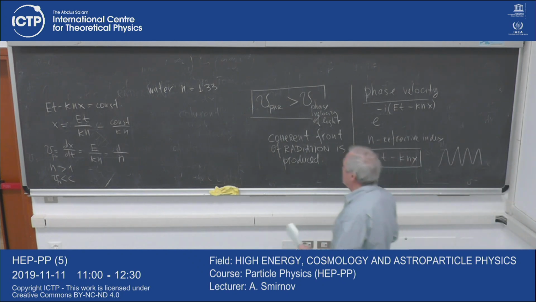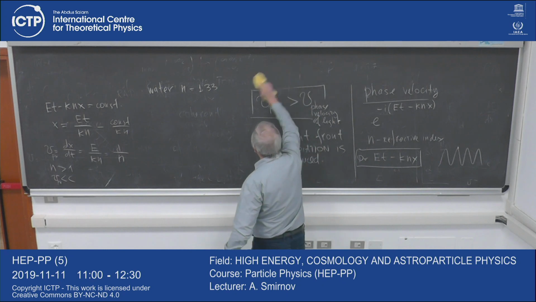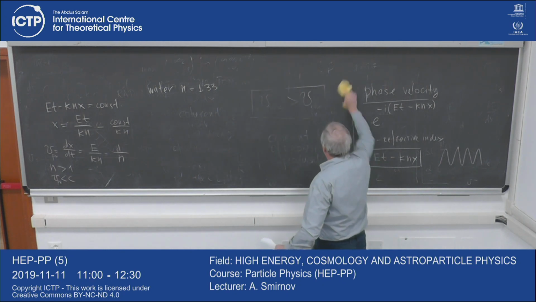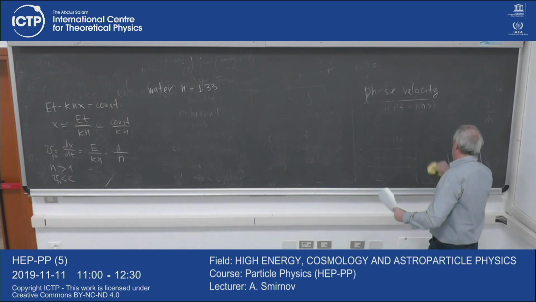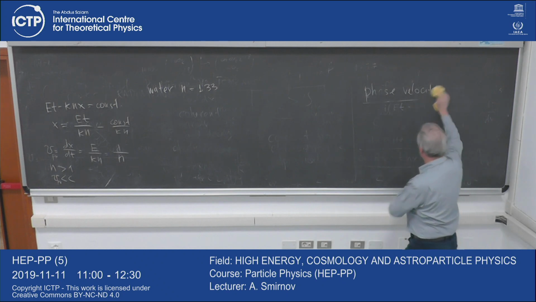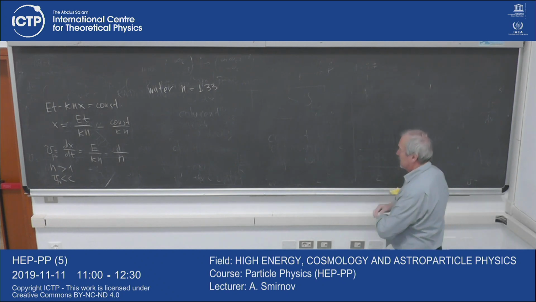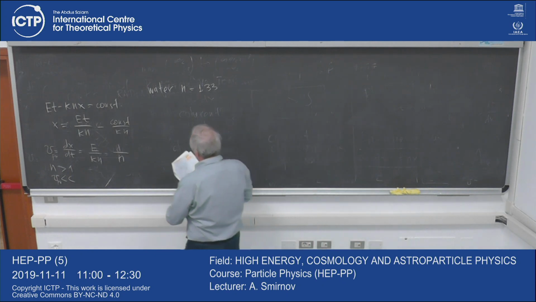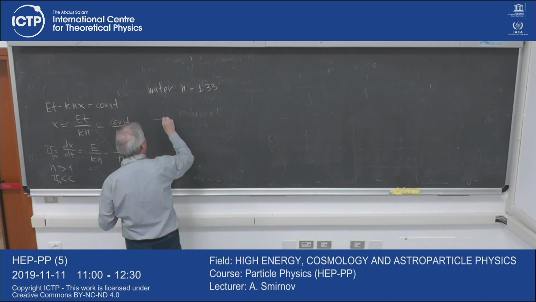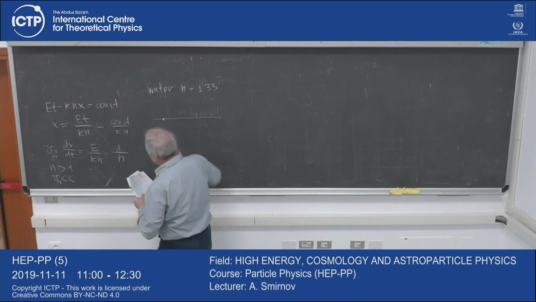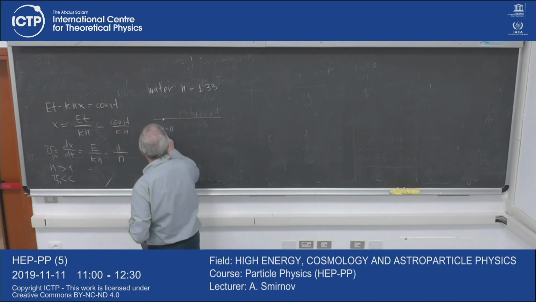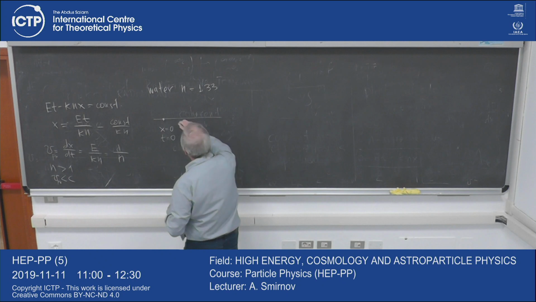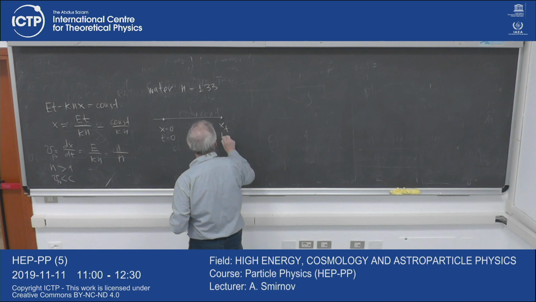Now let us derive an equation for this front and see how the coherent front is formed. So let us consider a particle which is produced at some space-time point, let me put this x0 at t0. It propagates and is absorbed at another point, x f, at t f.